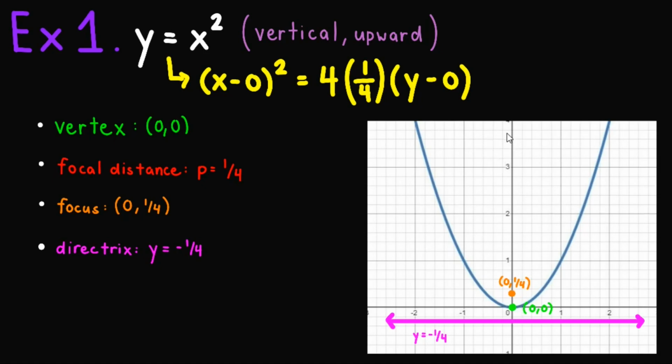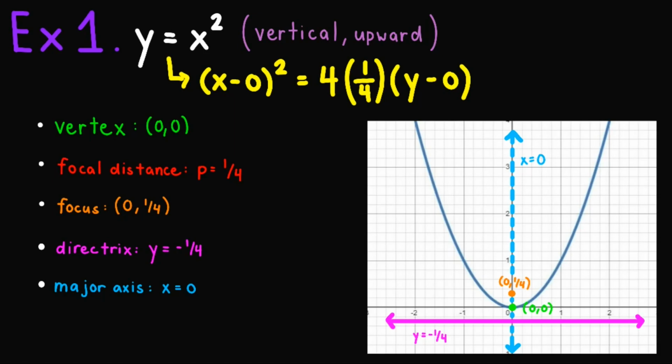To determine the equation of the line, take note that vertical lines are given by x equals some value. And since the x component of the focus is 0, and the x component of the vertex is also 0, we know that this must be 0 too, so that it passes through these 2 points. So we have the major axis to be x equals 0.